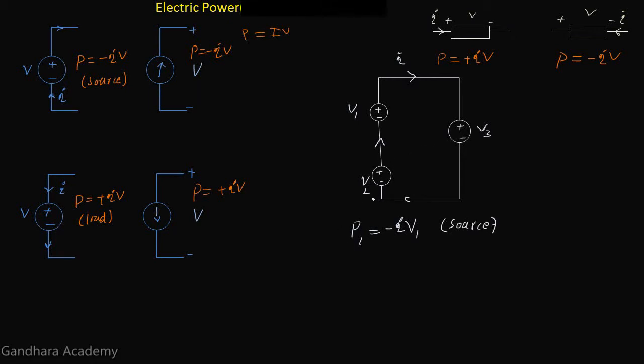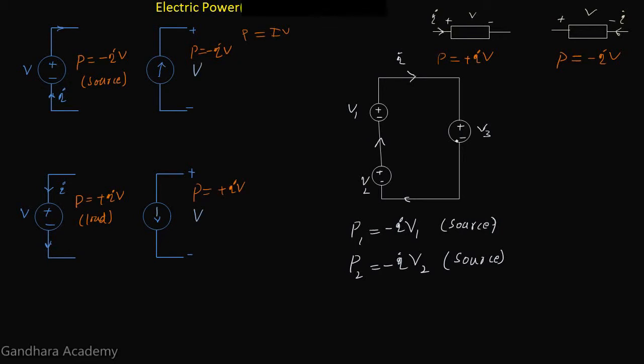In case of the second component, let's say the power is P2. The current here is also entering at the negative side and leaving the positive side, and the voltage across this component is V2. So the power of this component is negative, the current is I, and the voltage is V2. So this component is also used as a source.